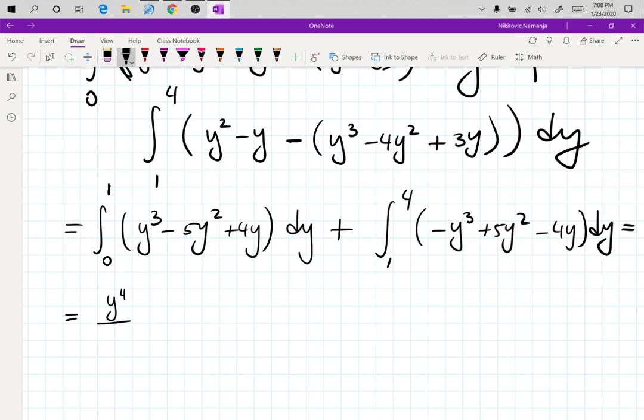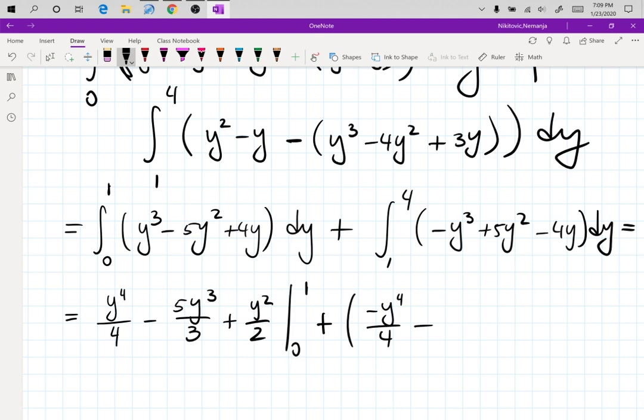Y to the 4 over 4 minus 5y cubed over 3 plus 2y squared, from 0 to 1, plus negative y to the 4 over 4 plus 5y cubed over 3 minus, I did this wrong, right? This is supposed to be 2y squared. Minus 2y squared from 1 to 4.